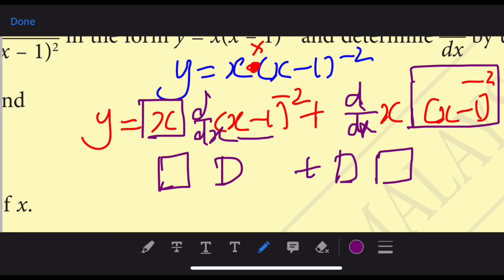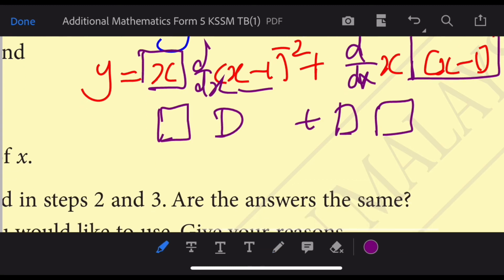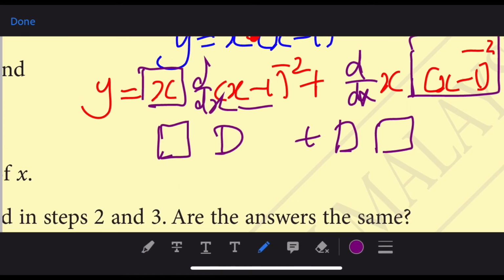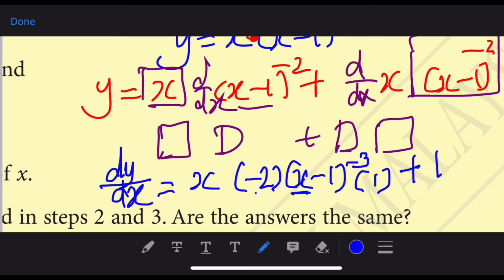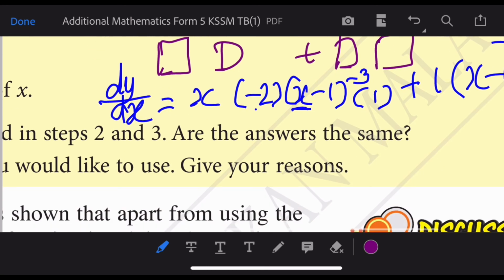Memorize. Now I'm going to show you how I differentiate. So dy dx equal to, this one don't do, right? Negative 2, copy. (x minus 1), copy. Negative 2 minus 1 is negative 3. Then differentiate this thing. Differentiate x, plus, x differentiated is 1. Then this thing just copy. Okay, now you need to simplify.